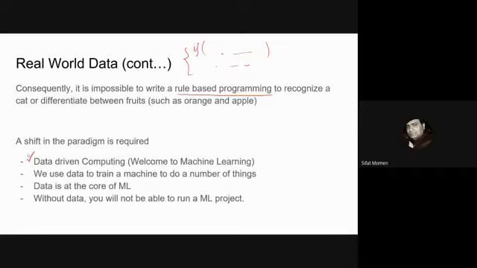So basically in machine learning, therefore, we use the data to train a machine to do a number of things. Okay. Whatever predictions you want to make, whatever forecast you want to make, in order to make that forecast you need to come up with a model. And how do we come up with the model? We use the data to train the machine.